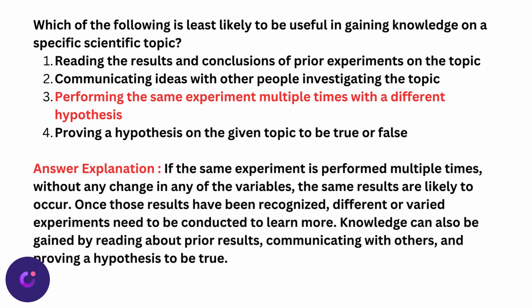So once those results have been recognized, different or varied experiments need to be conducted to learn more. Knowledge can also be gained by reading about prior results, communicating with others, and proving a hypothesis to be true.